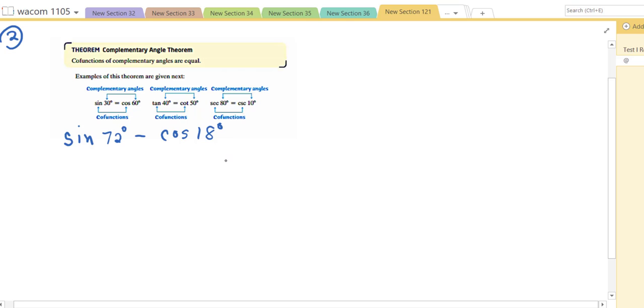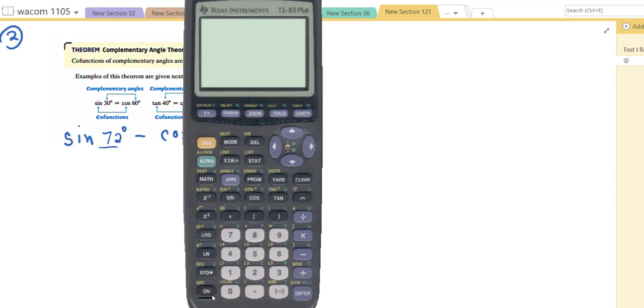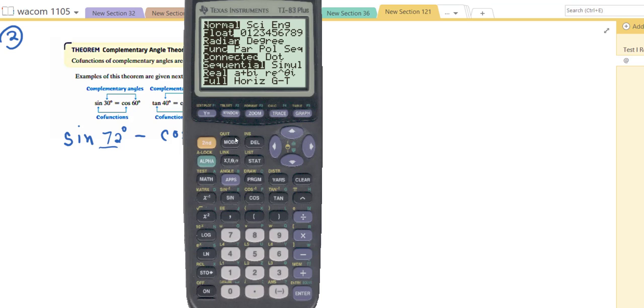You can figure it out because these are cofunctions, sine and cosine, and 72 and 18 add up to 90. So these are going to be equal. Whatever this one is, this is equal to this one. When you subtract them, it's going to be 0. And you can actually check it on your calculator. Let's make sure I am in degree mode.